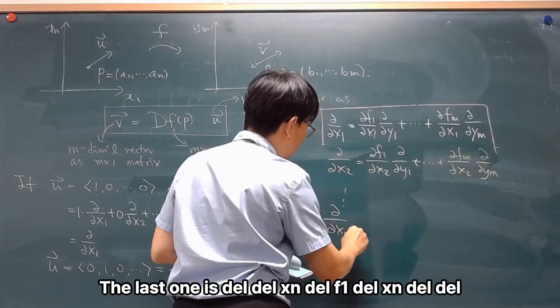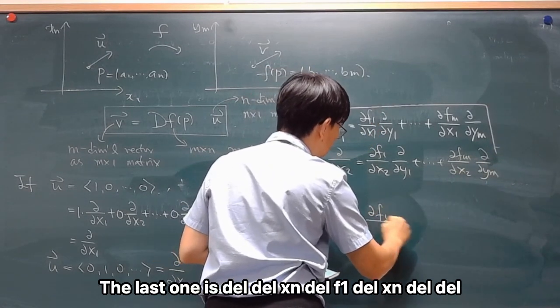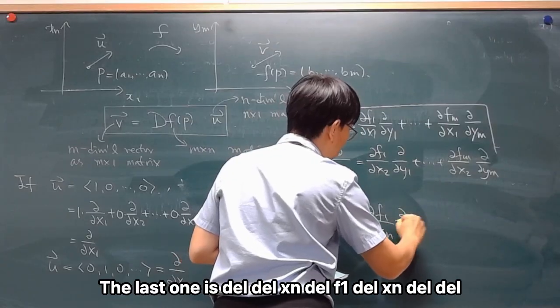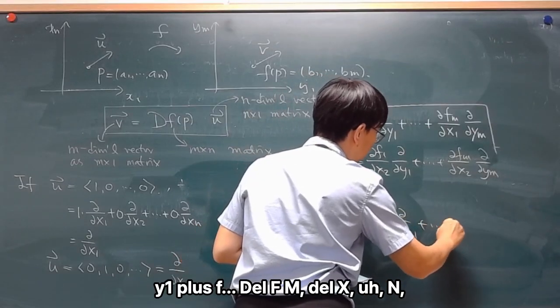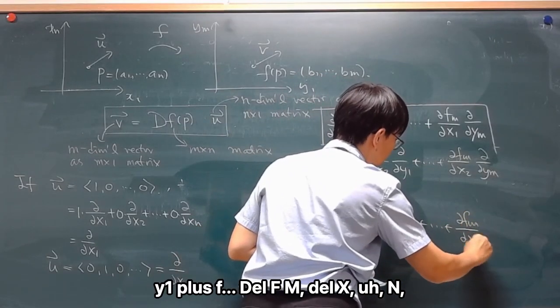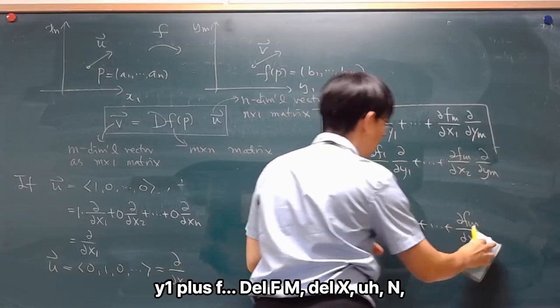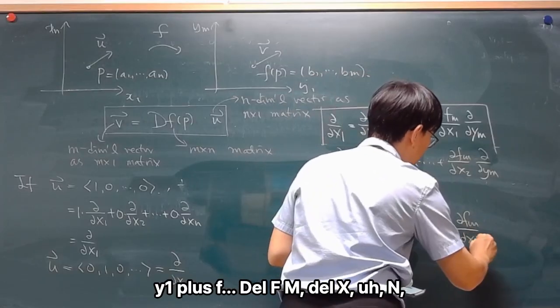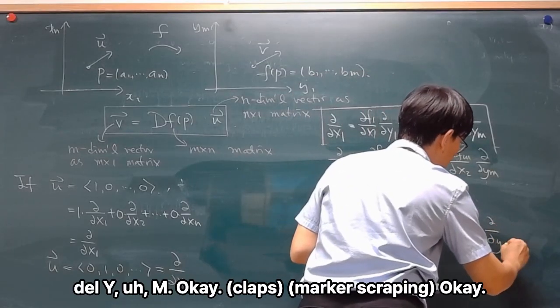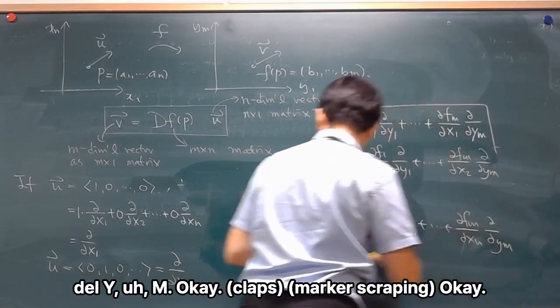The last one is del del xn is del f1 del xn del del y1 plus, up to, del fm del xn del del ym. Okay.